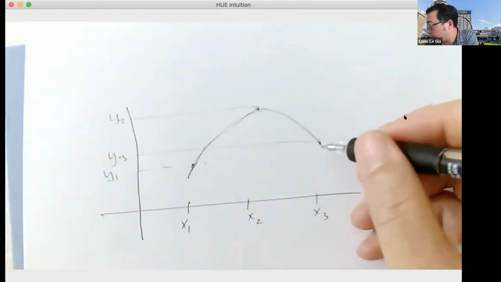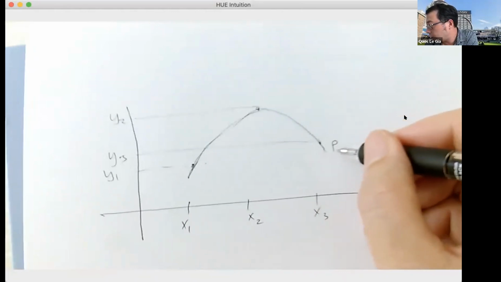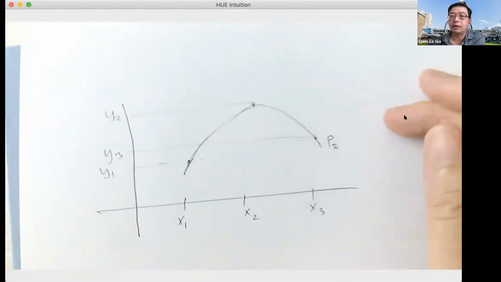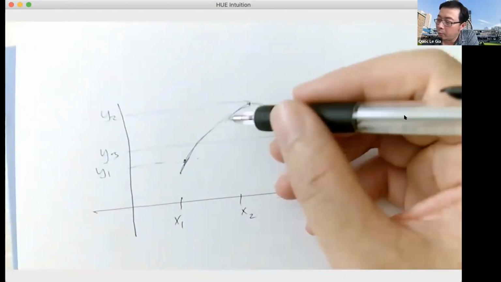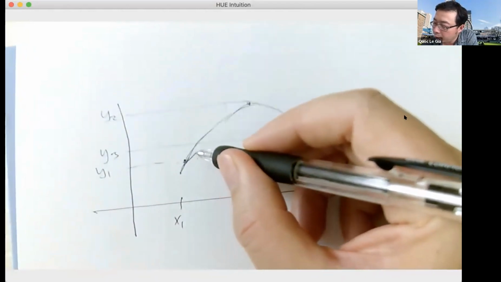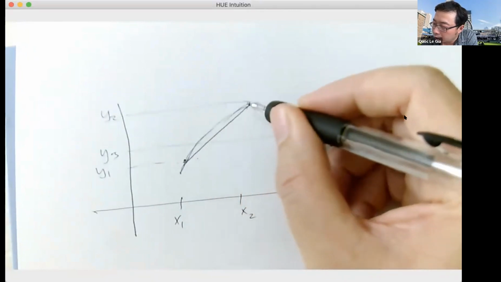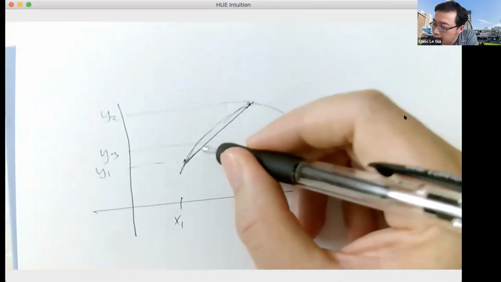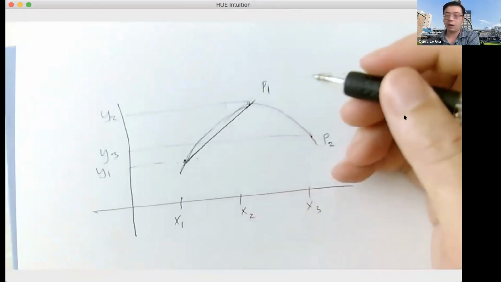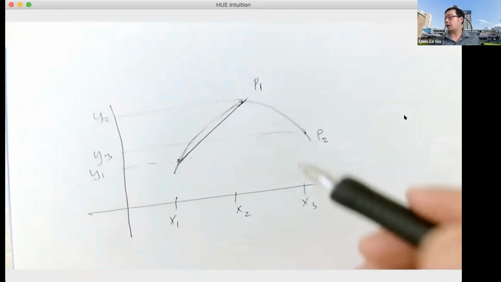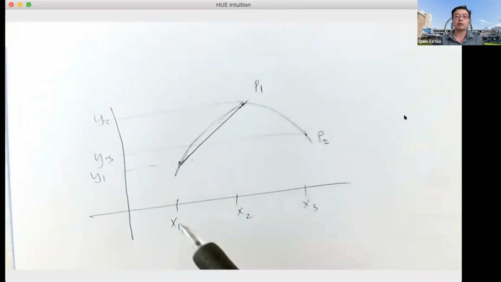So this is a parabola, so P2, right? But before you got to P2, remember you go through P1. So P1 is the line. So this is P1. P1 is the line that connects (x1, y1) and (x2, y2), right?